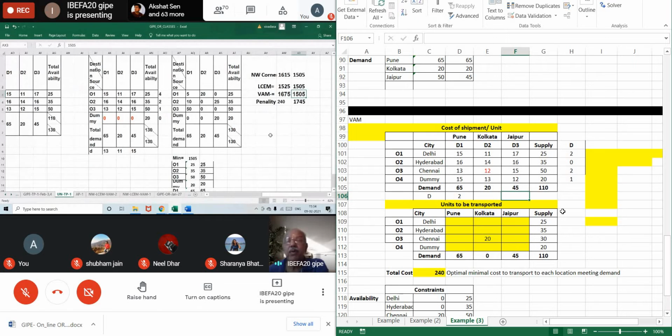Okay, how many of you have completed? Any question now? 1615 by northwest corner method, least cost entry method 1525, VAM method 1675.